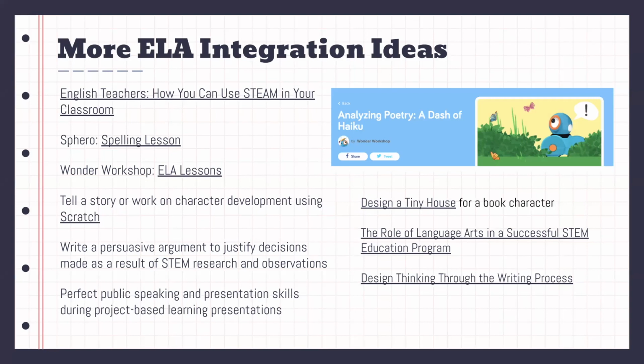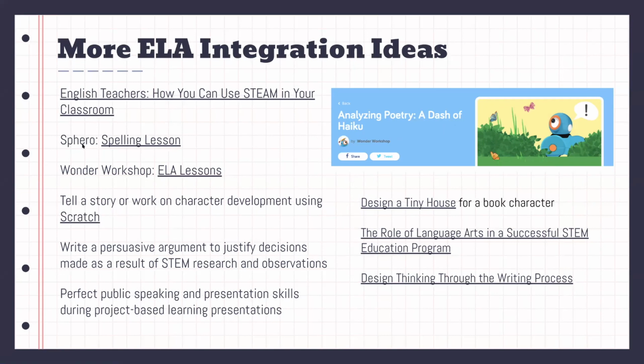Some of them are tied to materials or equipment. So if any of you have access to things like Wonder Workshop Dash robots, they have specific lessons tied to ELA standards. You can search through their lessons online, and you can find those here. This is an example of one, how Dash would help with haiku writing.